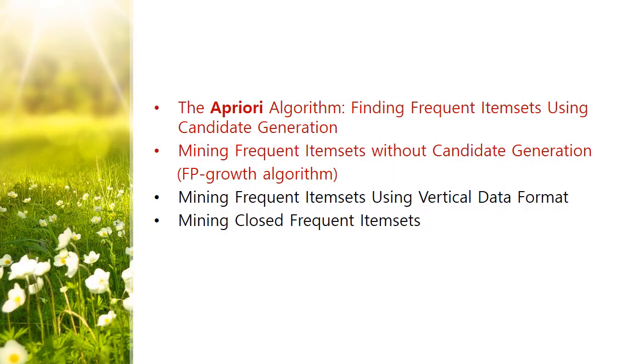Good morning. We were discussing efficient and scalable techniques for frequent item set mining, which we can simply call association mining techniques. We have studied one of the important algorithms, known as Apriori, which finds frequent item sets using candidate generation. We have studied the algorithm in detail with an example.